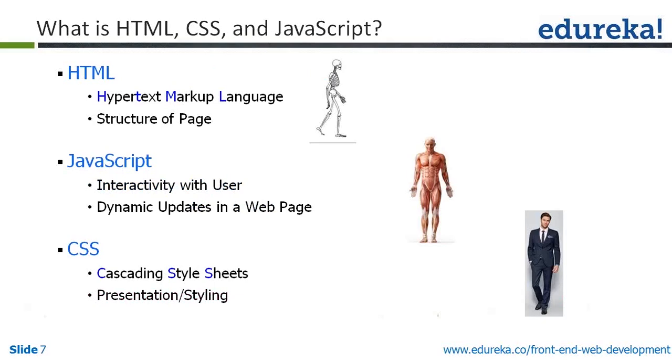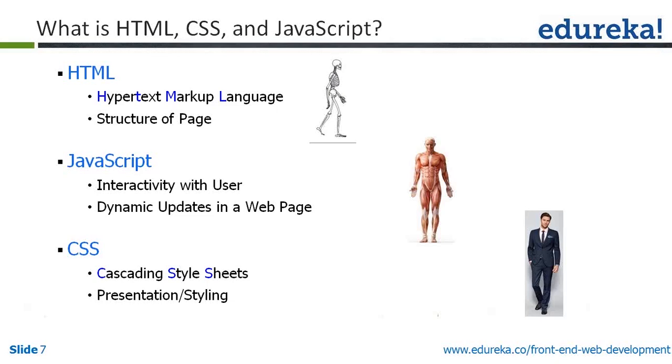So before I go on to the trends, I would like to give you a picture to understand the roles played by HTML, JavaScript, and CSS. HTML, as I said, defines the structure of the page, and you can assume it to be like the skeleton of a human being.